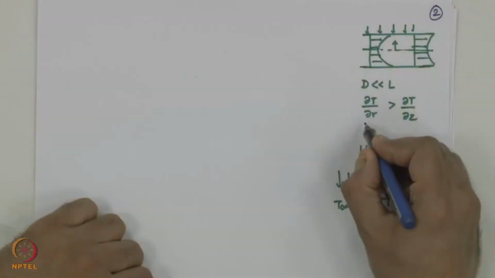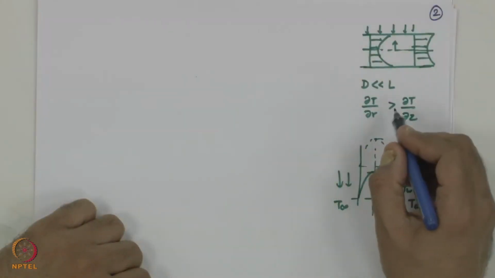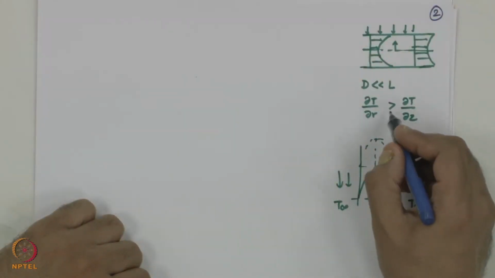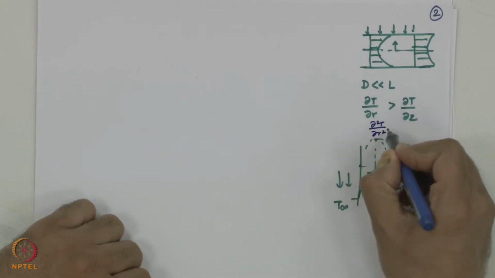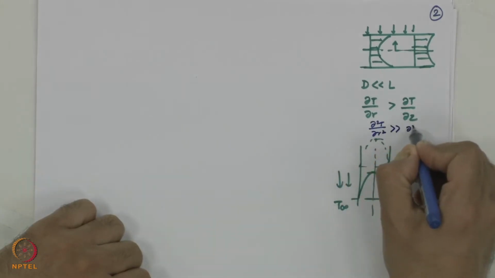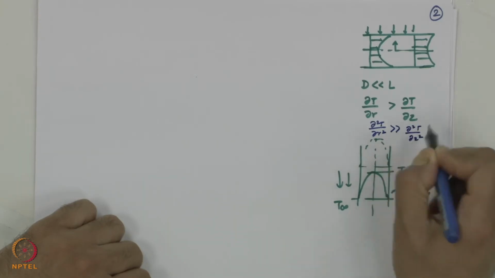So, the changes in the radial direction are far more significant as compared to changes in the axial or flow direction. So, dt by dr itself is large, r is again small. So, d square t by dr squared is going to be much larger than d square t by dz square.